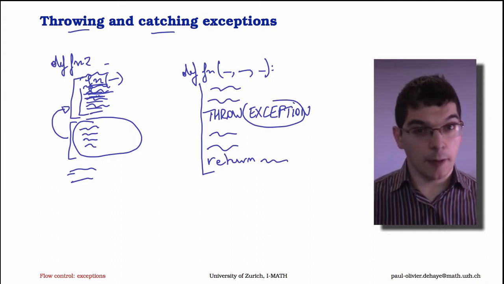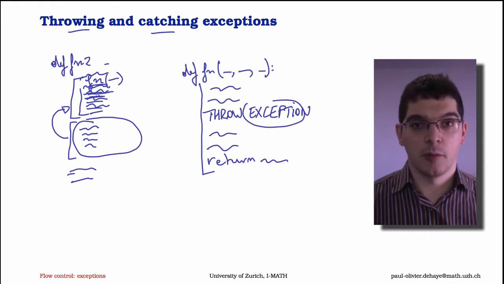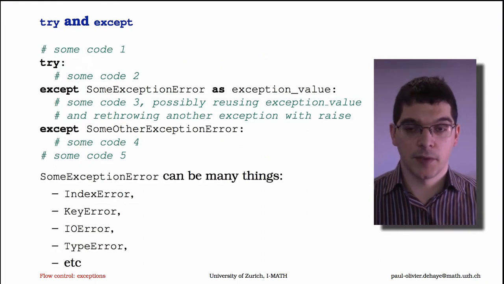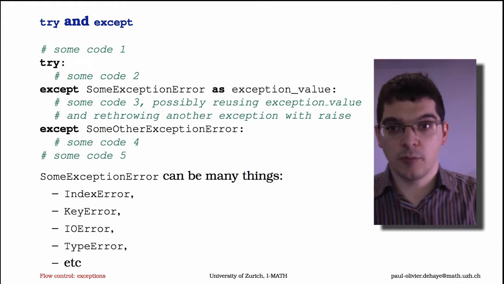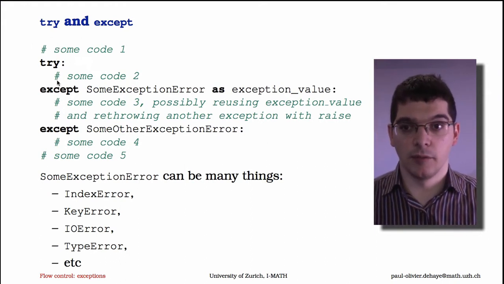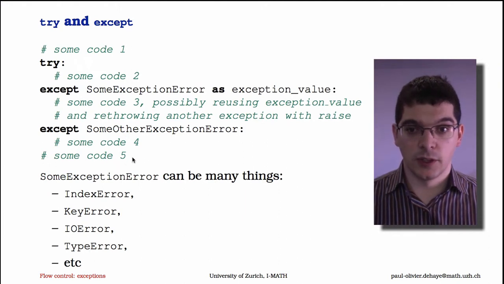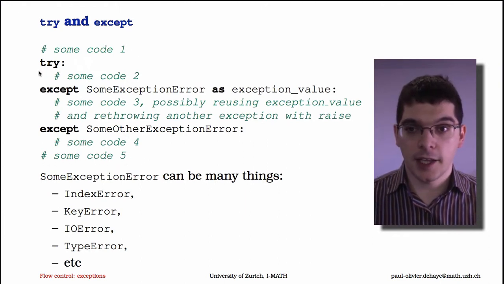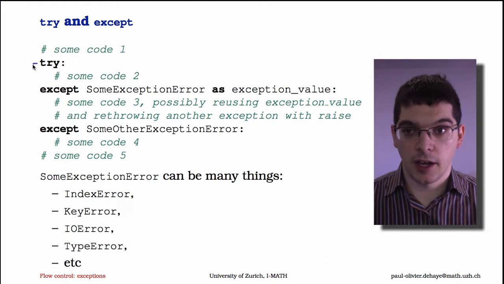Okay, so this is the abstract description of exceptions, but how does it actually work in practice in Python? So in Python, you might have some code here, so what I called some code 1, and then some code to do at the end, so some code 5. And then the important thing is that you have a try block, and here I put 2 except blocks.